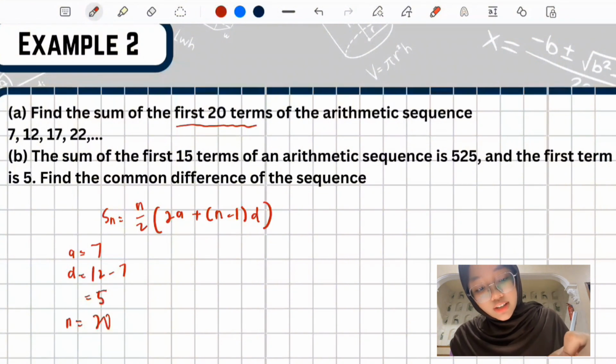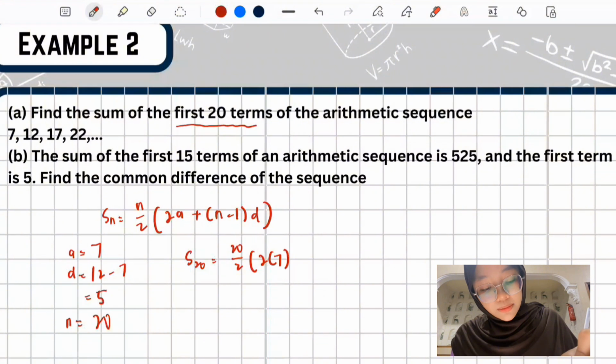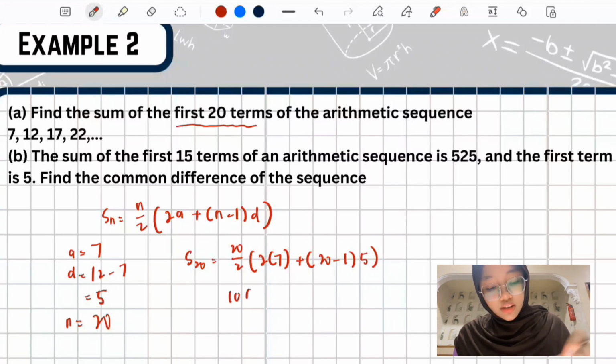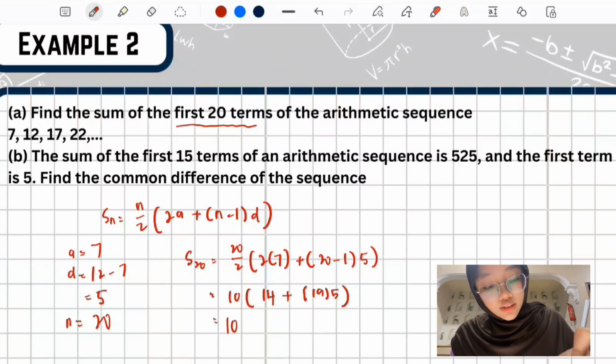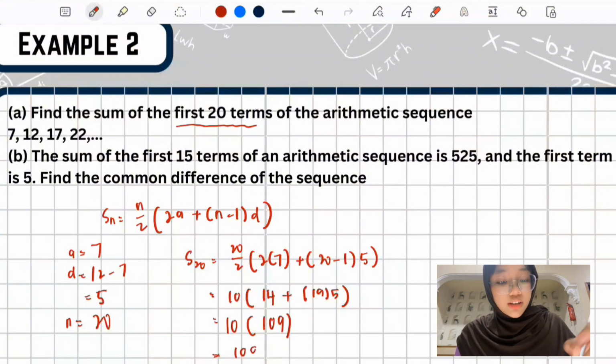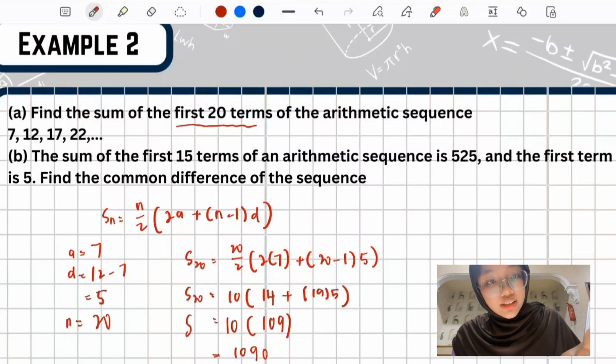So we write S20 equals 20 over 2 multiplied by (2 multiplied by 7 plus 19 multiplied by 5). So we get 10 multiplied by (14 plus 95), equal to 10 multiplied by 109. So the final answer, the sum of the first 20 terms, is 1090.